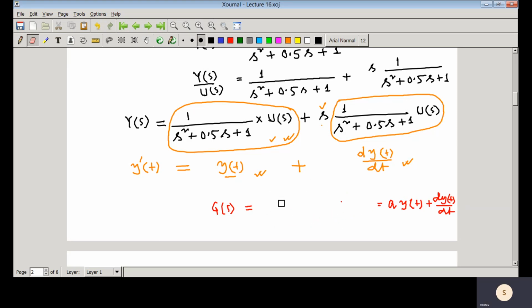Or we can take only this particular thing: whenever we introduce a 0, that is s plus a into Y(s), what would be that response?